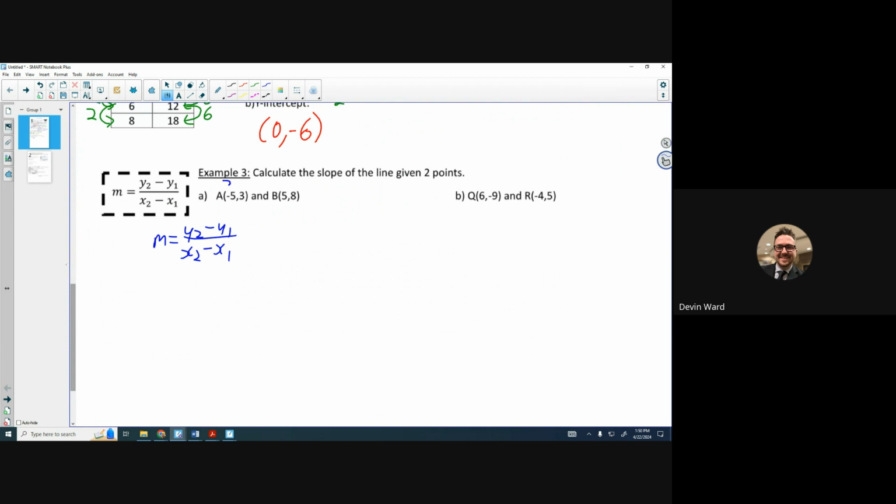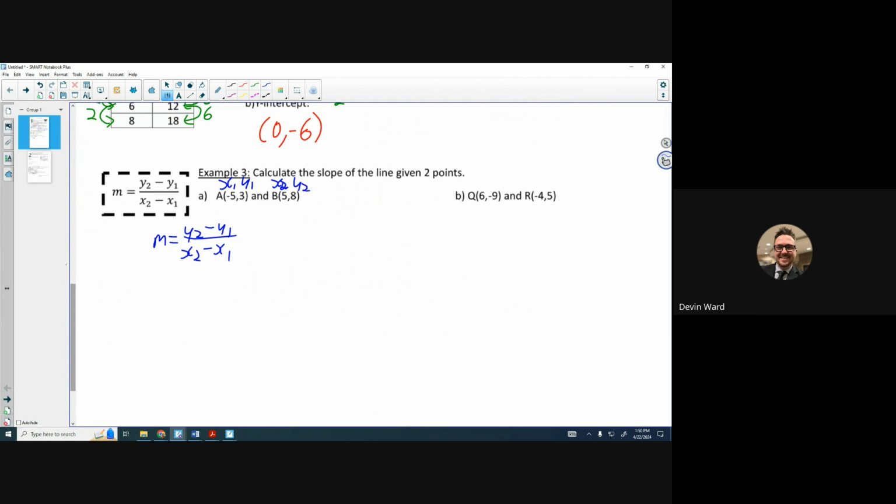I'm going to say A are my ones. So 5 is the x of A, my x value for coordinate A. 3 is my y value for coordinate A. So that will be x1 and y1. B is -5 and 8, and I'm going to call this x2 and y2.